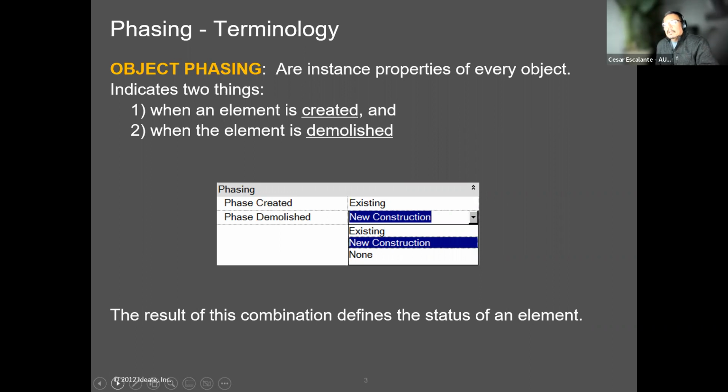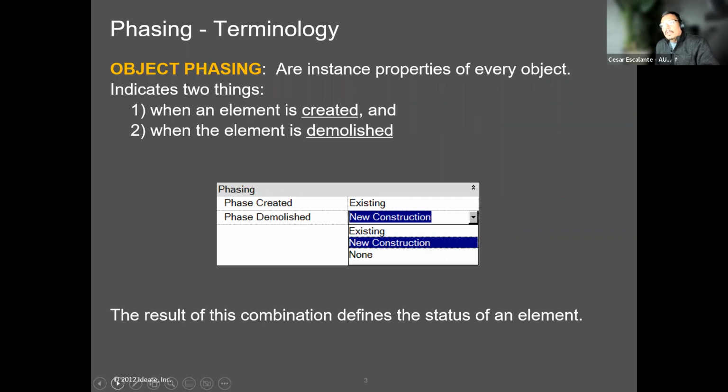Some of these elements are going to disappear. They're going to get demolished. So make sure that the instance properties of the demolished element also display in which phase the element will be removed. These are instance properties, and every object has these two parameters.